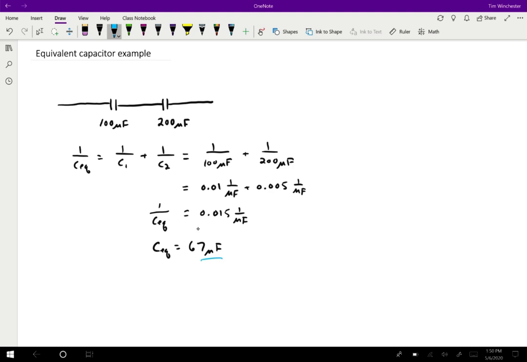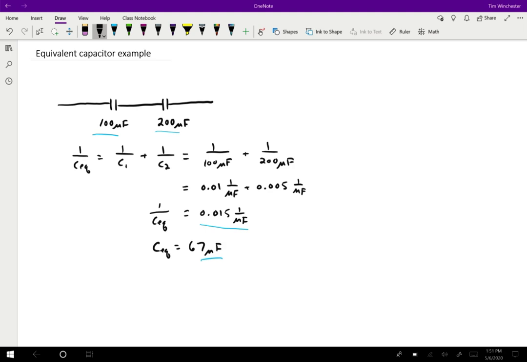So if you get to this point and you think you're done, and you see that the units are 1 over microfarads, then that'll remind you that you haven't gotten the capacitance that you need. Another is that if you compare the two starting capacitances that we have, 100 and 200, we ended up with 67. So the equivalent capacitance was actually less than either of the two capacitors individually.